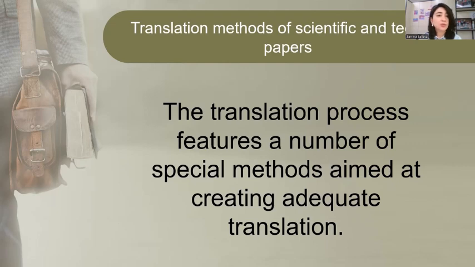Let us continue with the translation methods of scientific technical papers. The translation process features a number of special methods aimed at creating adequate translation. Today, I would like to go through the methods, just mentioning some methods without any description, as we are going to only give you a brief explanation about the topic.